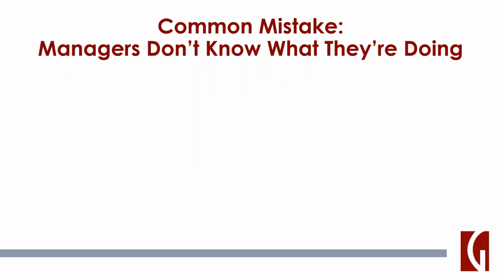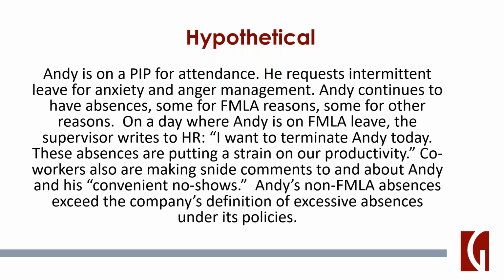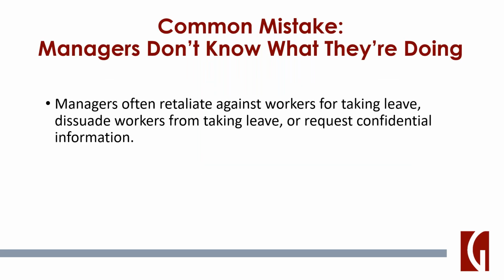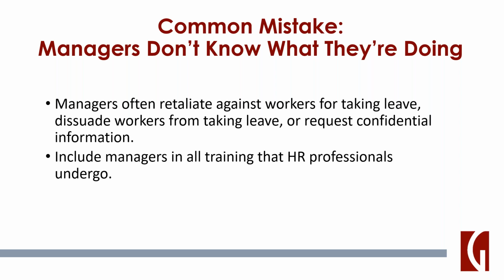Again, another common mistake: managers don't know what they're doing, and they don't know the risks of some of that behavior. So managers, as we can see here, often will retaliate against workers for taking leave. They'll dissuade workers from taking leave, or they might ask for confidential information about the reason that an employee is on leave.